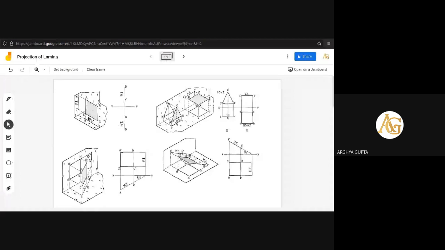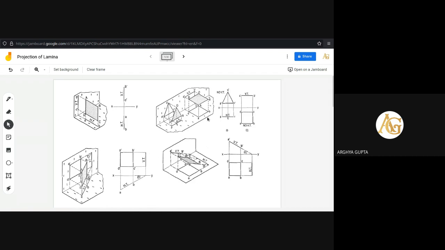When the lamina is appearing as a line in a view, that view is called a trace. So it is vertical trace and horizontal trace. As this lamina is appearing as a line in both VP and HP, it is called a vertical trace as it is in the vertical plane, and a horizontal trace as it is on the horizontal plane. Okay, so this is for the square lamina.